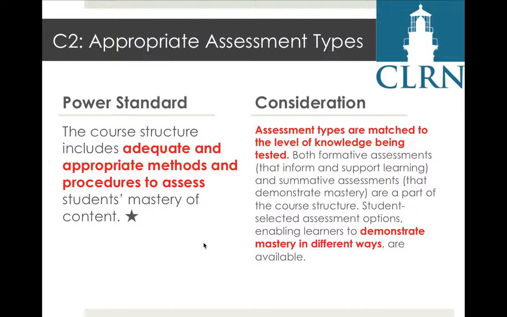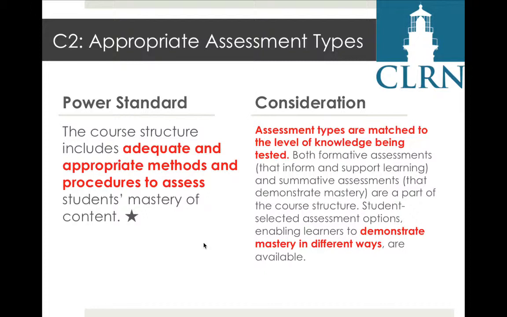However, if multiple choice tests were used in situations where an online discussion, hands-on activity, or other assessment type would be more appropriate, or would provide better evidence that a student was proficient, then this standard may warrant a partially met comment. The second part of the consideration asks that learners demonstrate mastery in different ways.